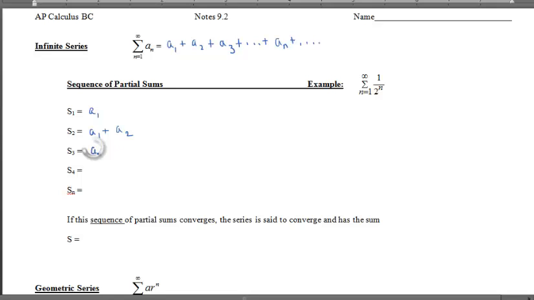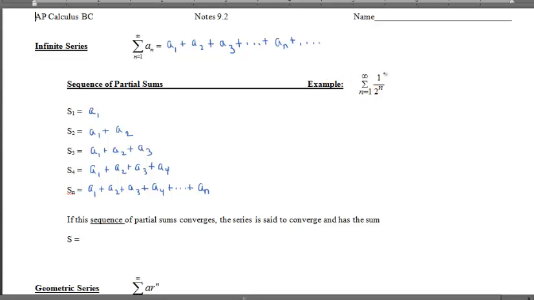The third partial sum would have us add the first three terms, etc. The nth partial sum would just have us add the first n terms of the series. So this is a sequence of partial sums.